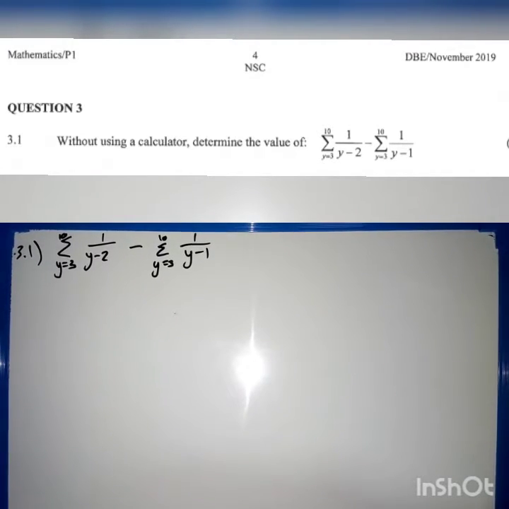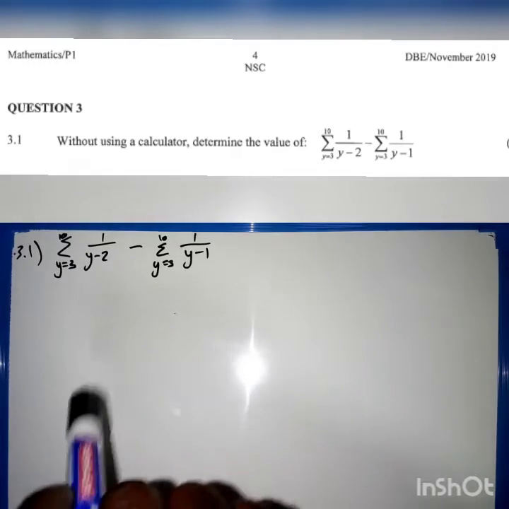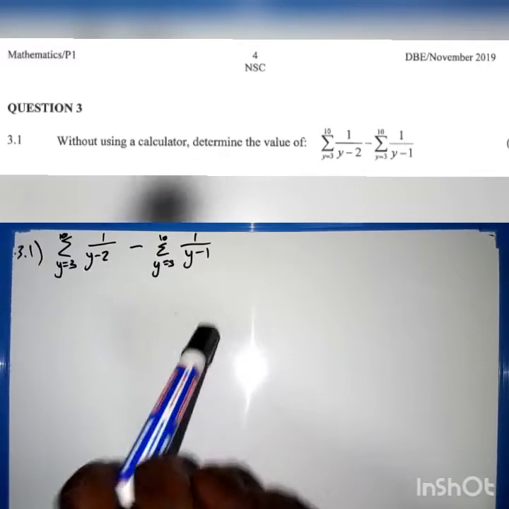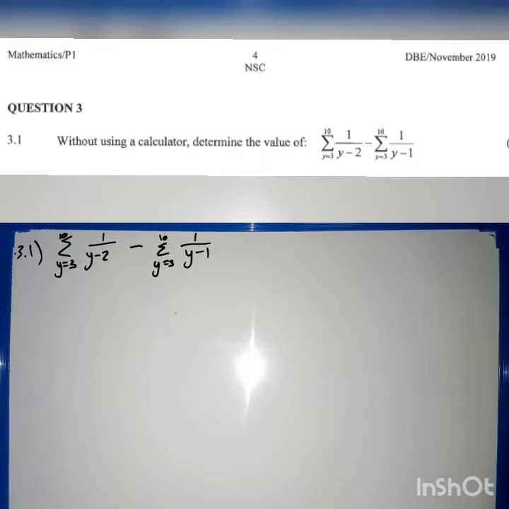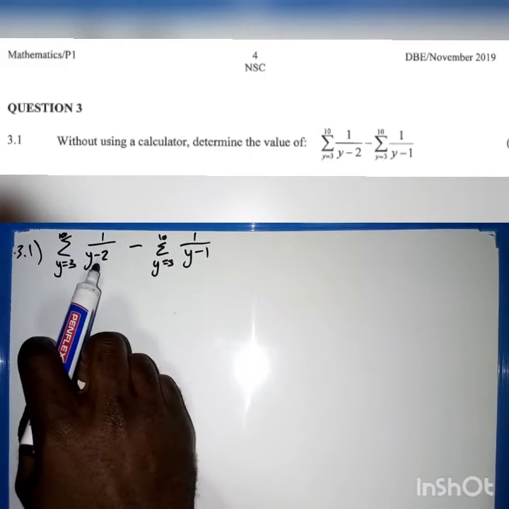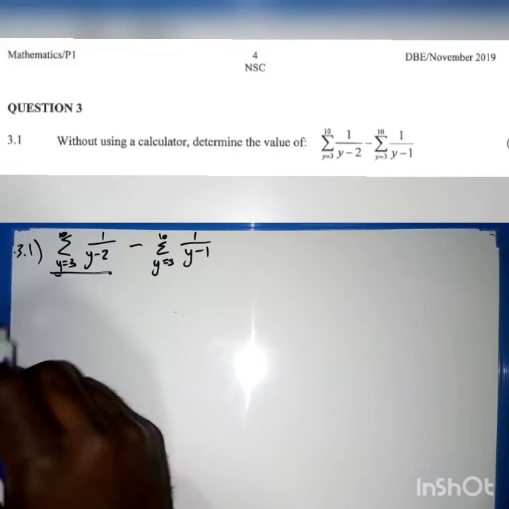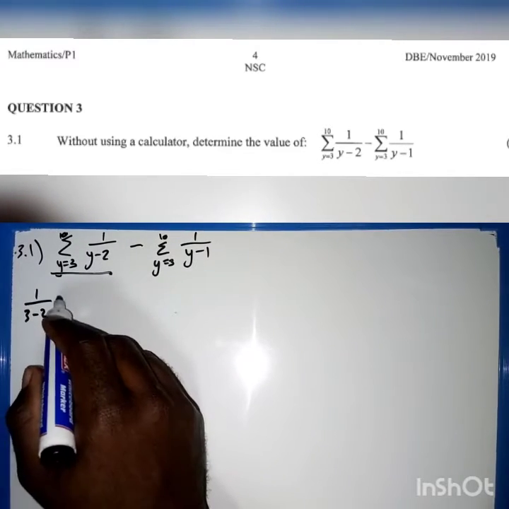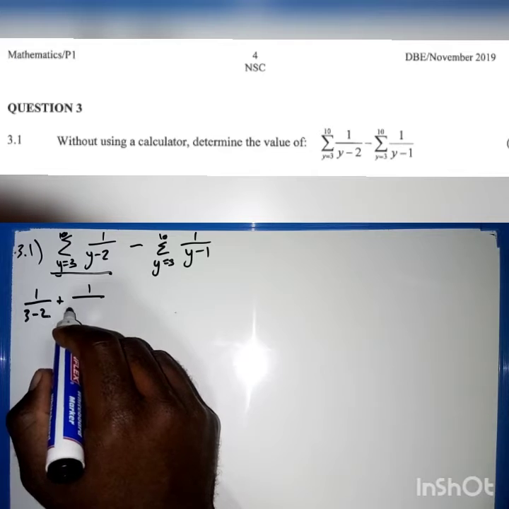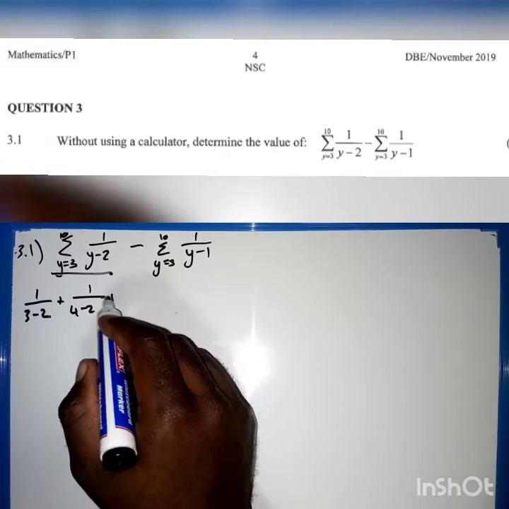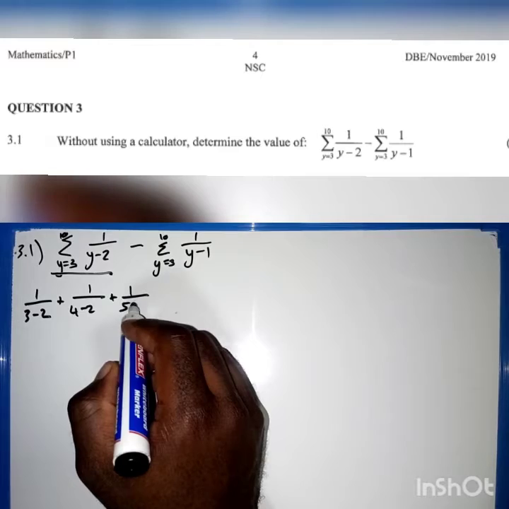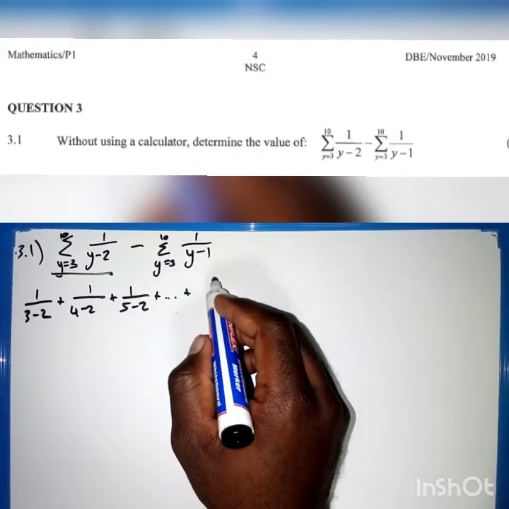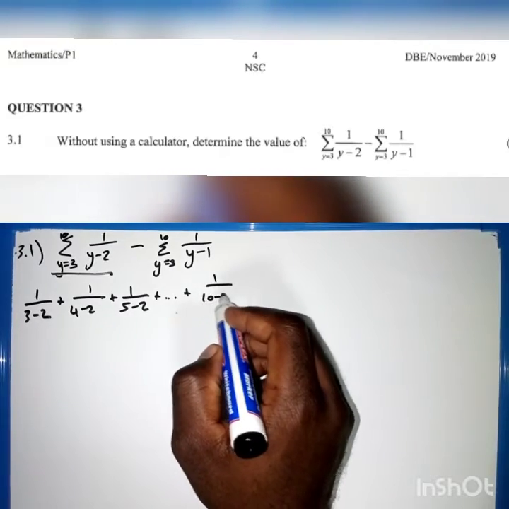2019 paper, question 3.1. They say without using a calculator, you must find the solution to this. So here, if we substitute our 3, we'll have 1 over 3 minus 2 plus 1 over 4 minus 2 plus 1 over 5 minus 2 plus, and then it carries on, plus 1 over 10 minus 2.